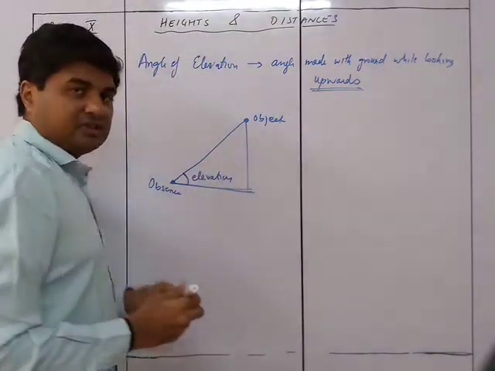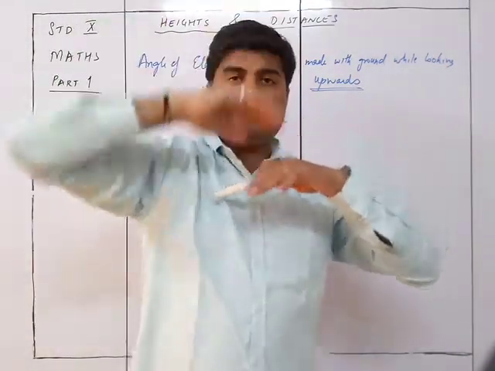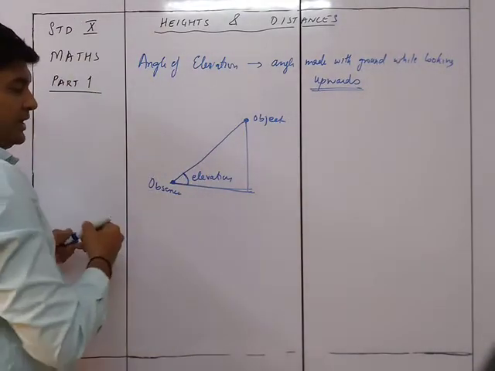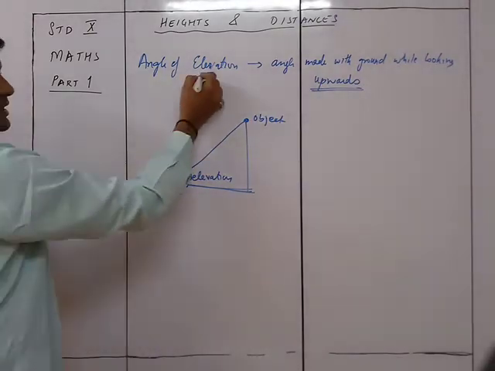Very important, upwards. If I am looking up, the angle which I make is the angle of elevation. So over here, this theta is the angle of elevation. This is angle theta.